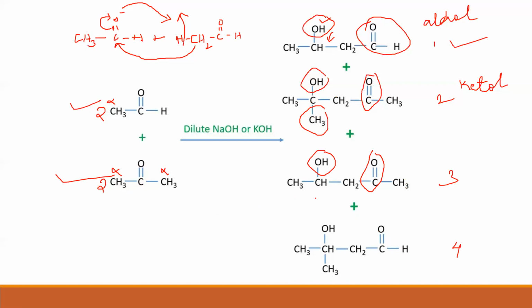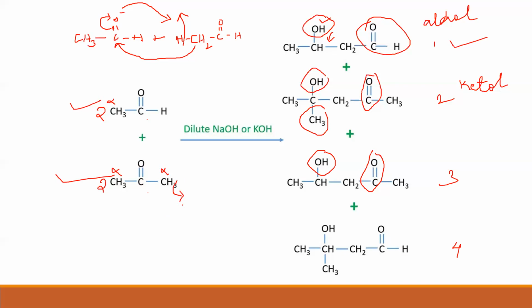Whereas you look at this, do I have a CH3 group as a substituent? No, I don't. Which means this product is obtained when 1 mole of aldehyde reacts with 1 mole of ketone, and hydrogen is removed from the ketone.